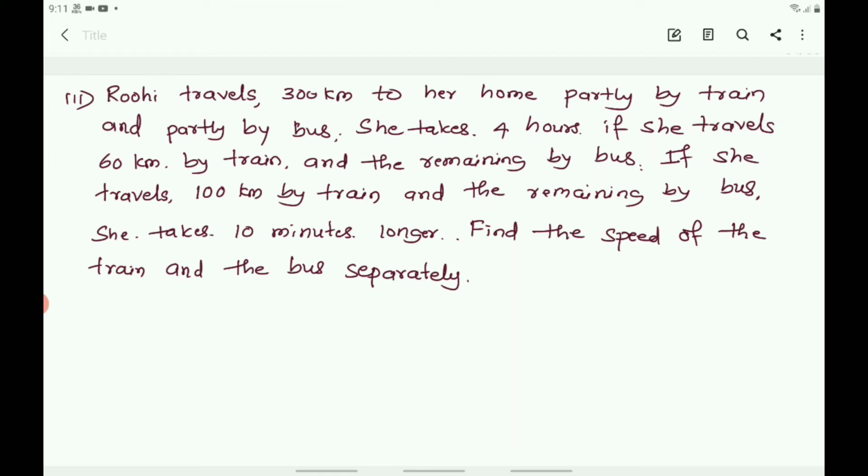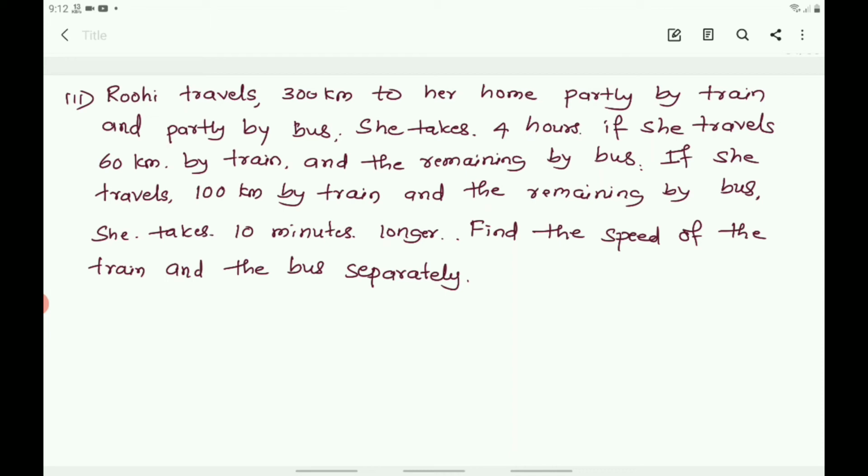So here, let us assume the speed of the train equals x km/h and the speed of the bus equals y km/h. In case 1, when she travels 60 km by train and the remaining, that is 300 minus 60, that is 240 km by bus, the time taken is 4 hours.